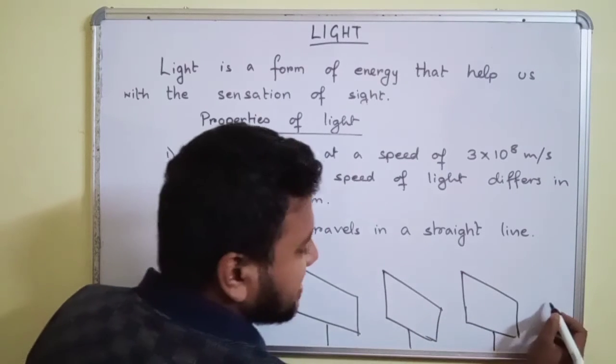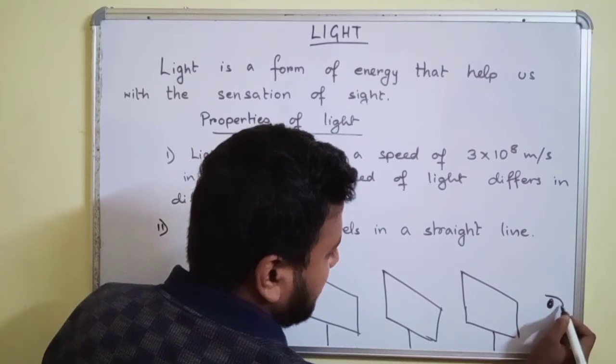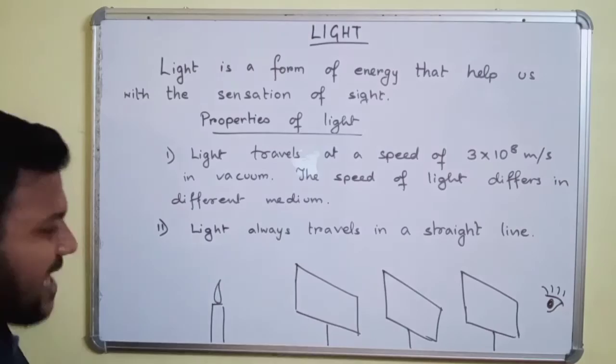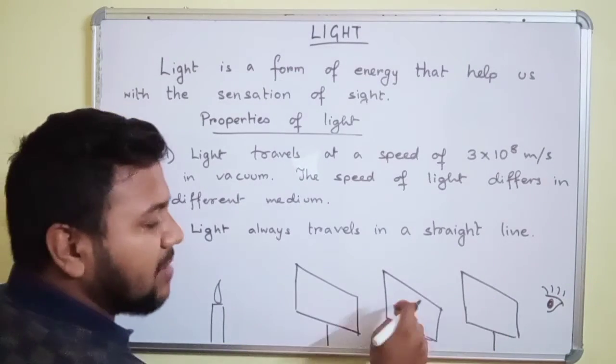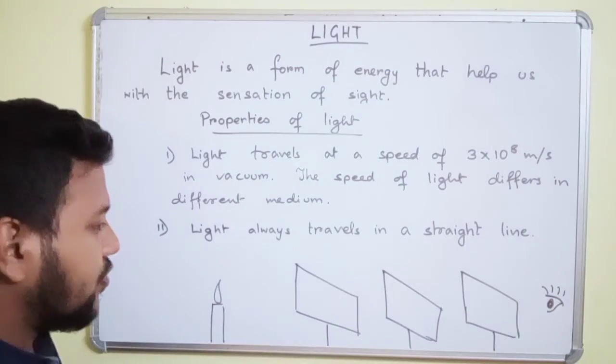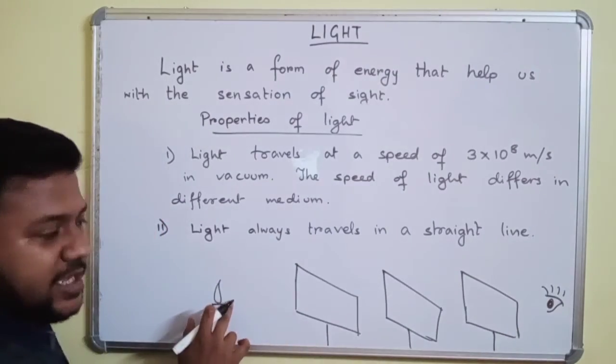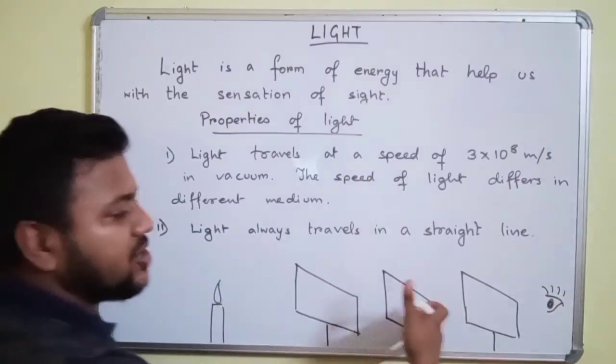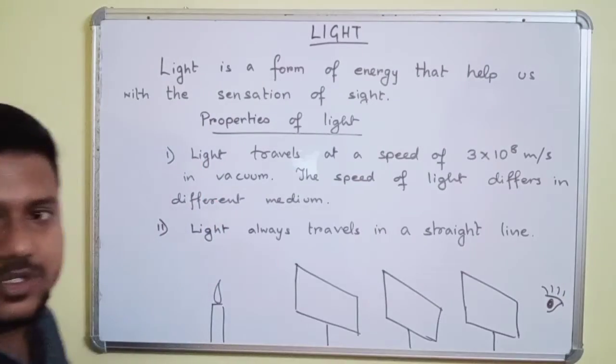And now we place our eye over here. Now, as these cardboards are all opaque in nature, we cannot see the light of the candle from here, because we have 3 particular cardboards.